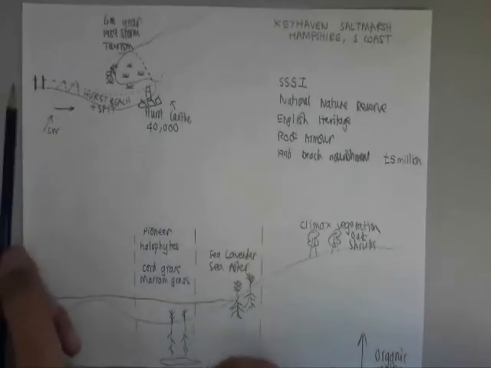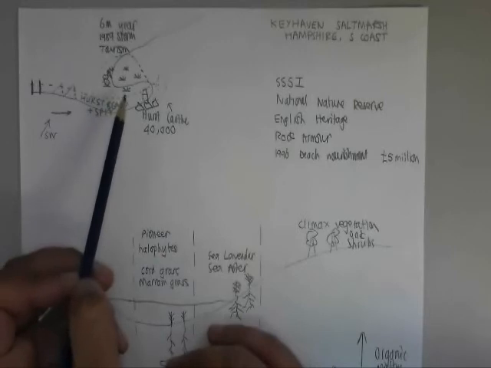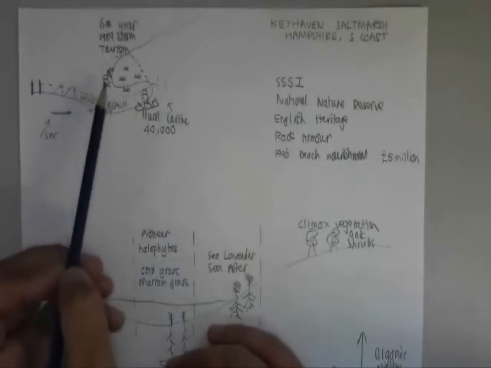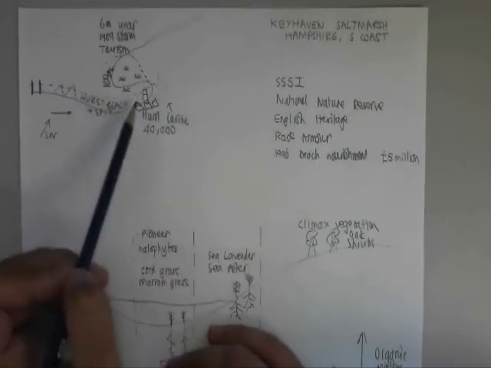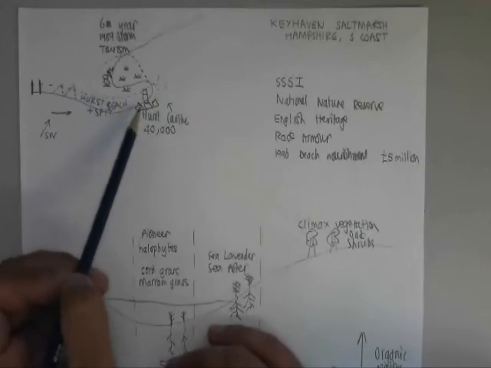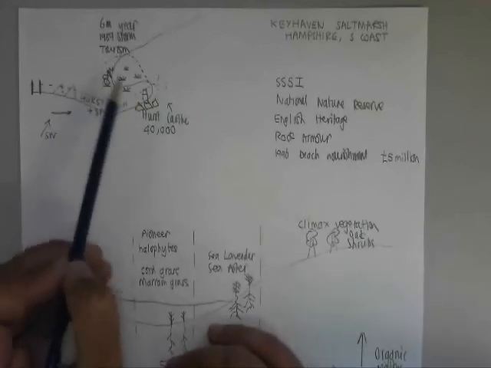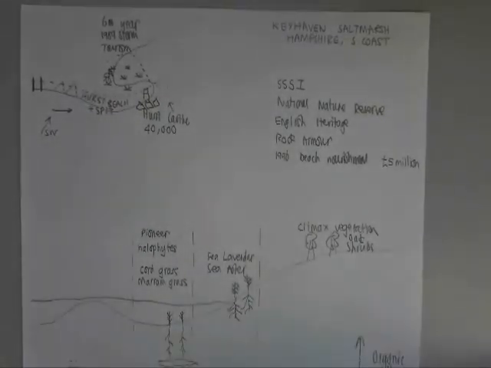But one of the effects of that is it starves and stops sediment from moving down the coast, so adding to the beach here and providing that natural barrier. So they've had to nourish these beaches by man, by actually physically bringing in sand to replace that natural barrier. So that's the Keyhaven Saltmarsh in Hampshire on the south coast.